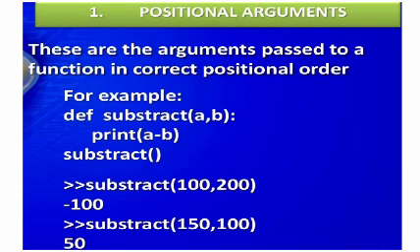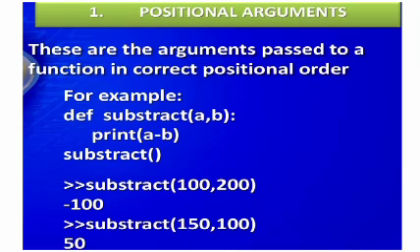When we call the function subtract with arguments 100 and 200, the position of the first argument is a and the position of the second argument is b. It means a is assigned the value 100 and b is assigned the value 200, and then it returns the subtraction between a and b. It means 100 minus 200 equals minus 100.